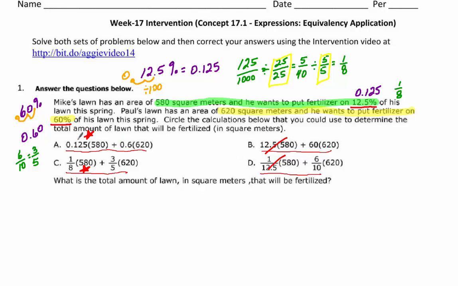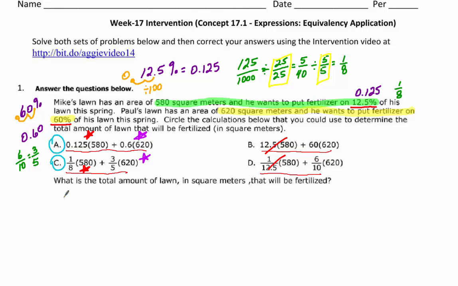Those are still wrong. Let's just see if these work. 0.6 with the 620, that works. And 3/5 with the 620, yep, that works. And we know that the correct answers on this problem are A and C.